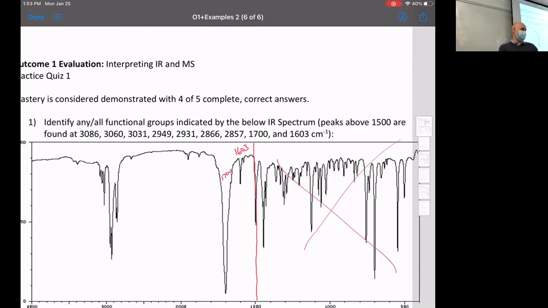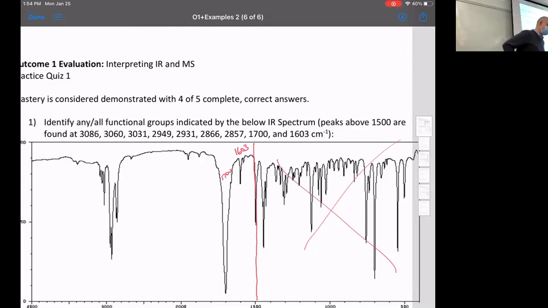Where does an alkene show up? 1650. But what happens if an alkene has resonance? It'd be 50 lower, which would be 1600. So the one peak that we didn't specifically talk about on Friday was that an alkene shows up at 1650, but if an alkene has resonance, it would show up 50 lower, at 1600.